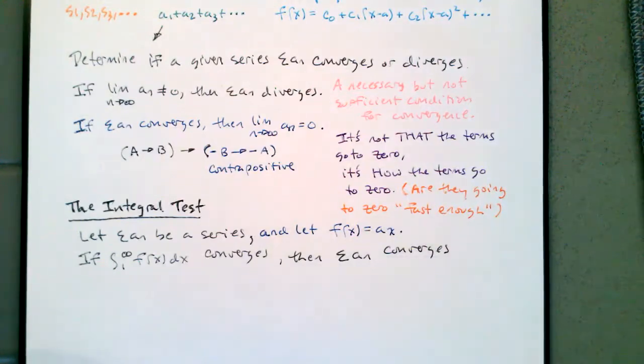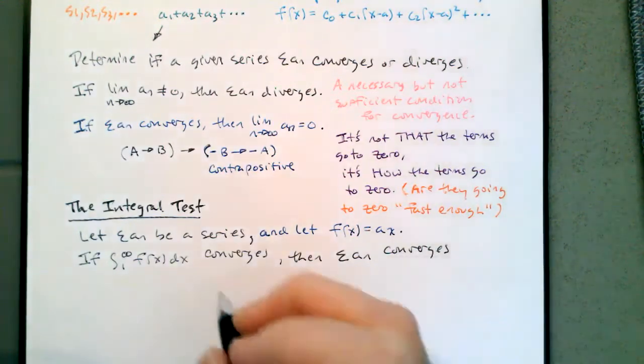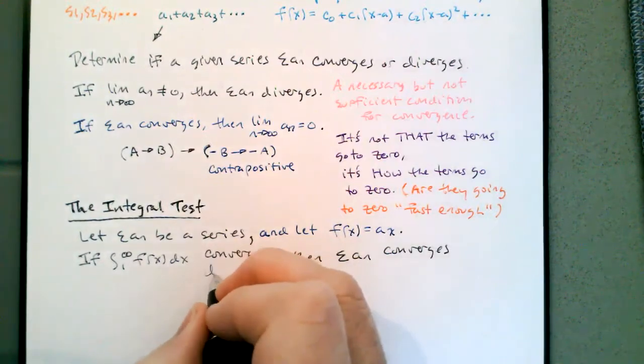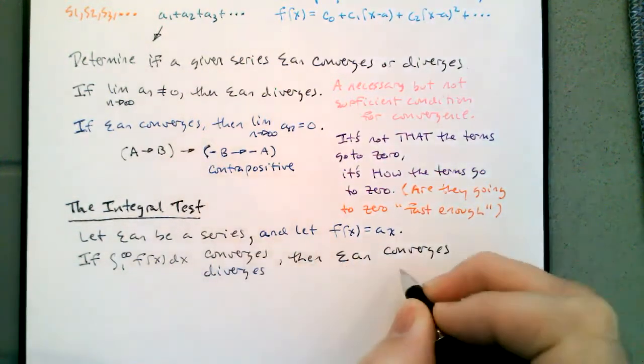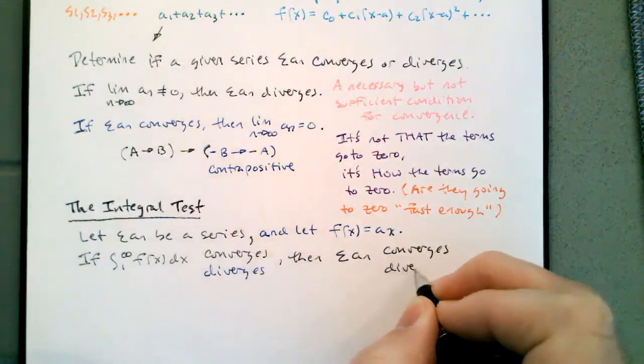So if the improper integral converges, then the series converges. Similarly, if the improper integral diverges, then the series diverges.